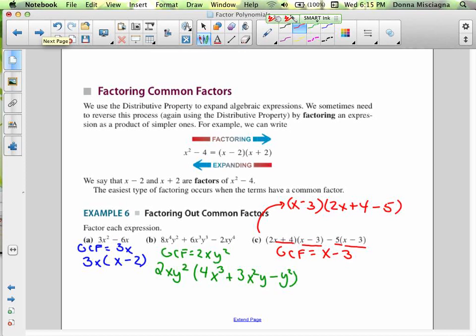Now you notice we have some common factors, and we should add those together. So this is going to be x minus 3 times 2x plus 4 minus 5. That's just going to be minus 1. And there we go. We have factored it. That's all there was to that one. Let's look at another problem.